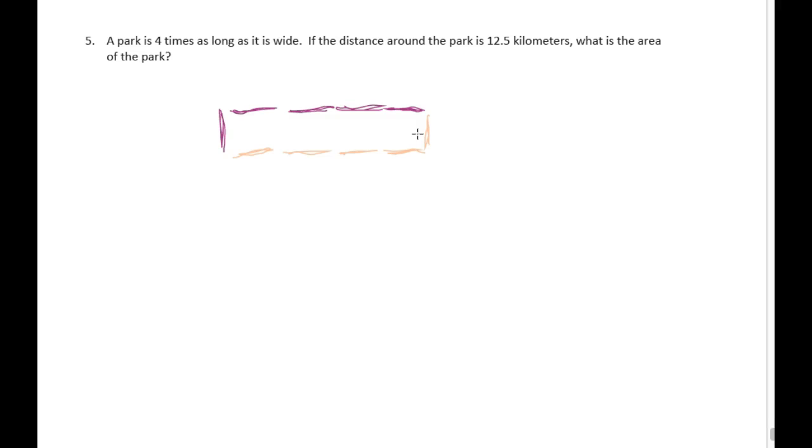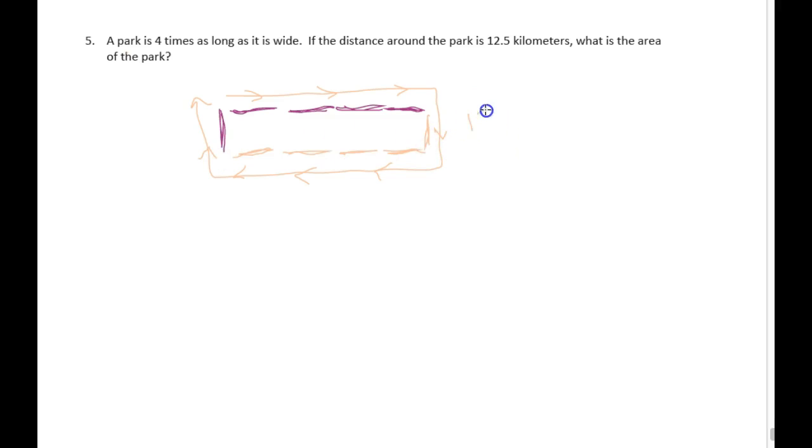So if we add all of these all the way around, as you go, they're going to add up to this amount that's right here.